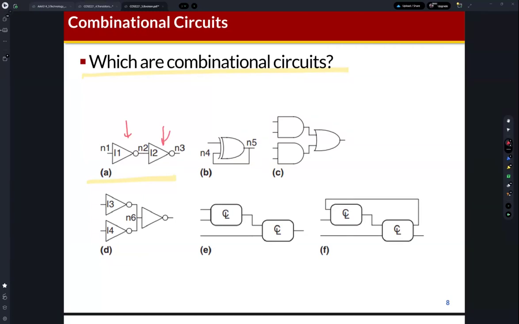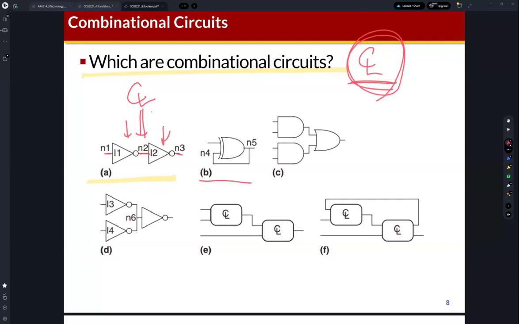Two inverters, so those are combinational logic. They are connected, and there is no cyclic path. So this is the combinational logic. It's a CL. I frequently use this kind of symbol to represent that this logic is combinational logic.